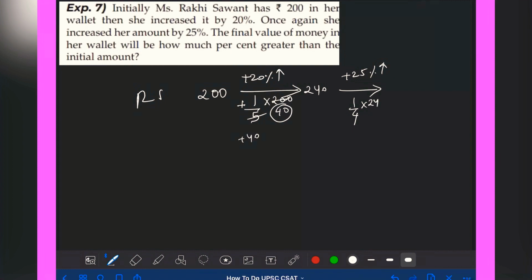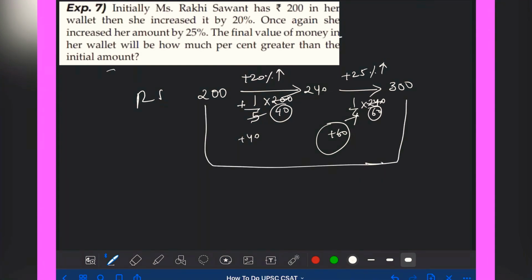So 1 by 4 of this one, 60. So plus 60. So this becomes 300. The final money in her wallet will be how much percentage greater than the initial amount? Initial amount was 200, and now the final amount is 300. So there is a difference of 100. So 100 by 200, 1 by 2 means 50% increase. This is how you do a percentage problem.